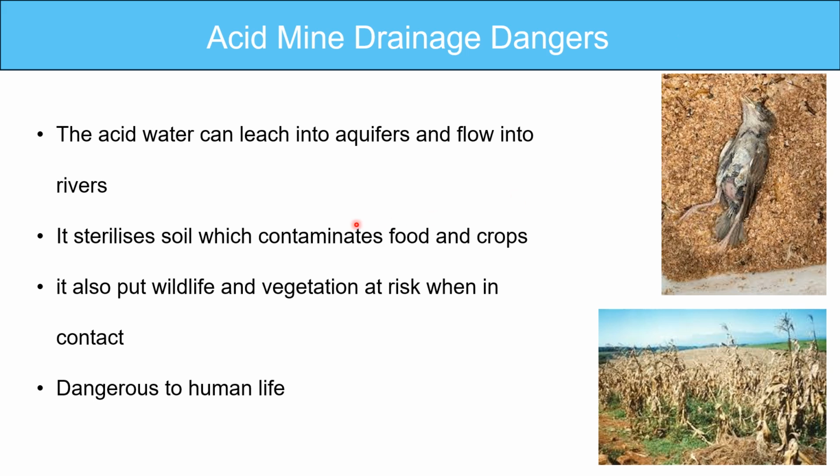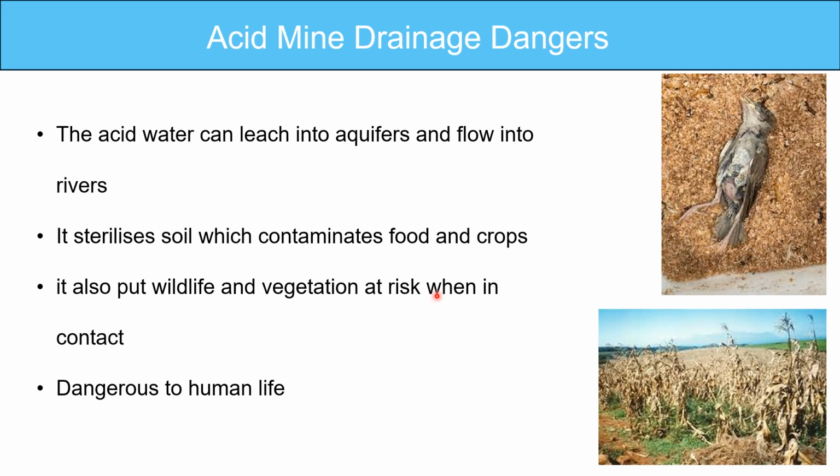So what are the dangers of acid mine drainage? What does it cause? As a result of all of this, it can leach into aquifers and flow into rivers, like you saw on the first slide. It can sterilize soil and contaminate food and crops. This means that soil can no longer grow food, or if food is grown there, it could potentially be contaminated, which is of course a big problem because the people who eat that can get really sick.